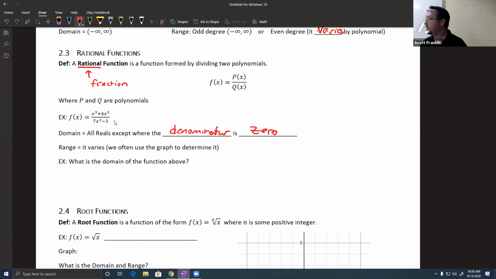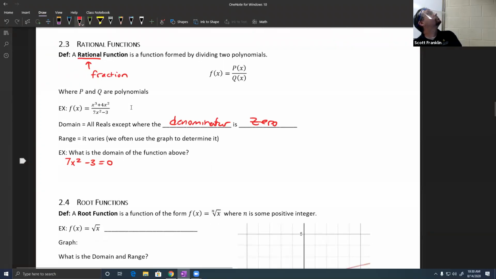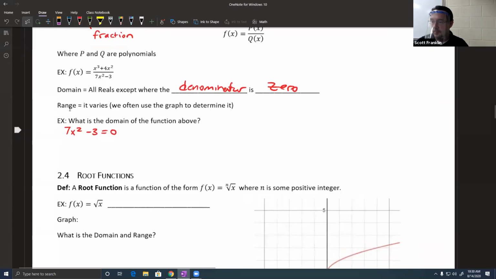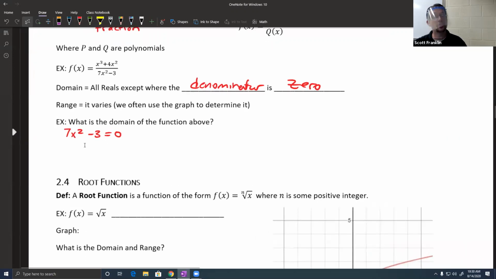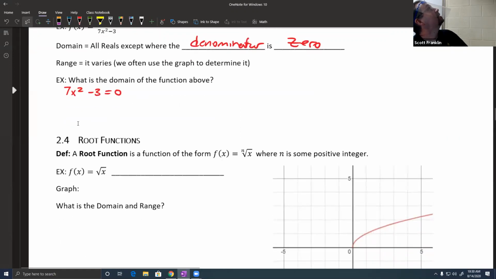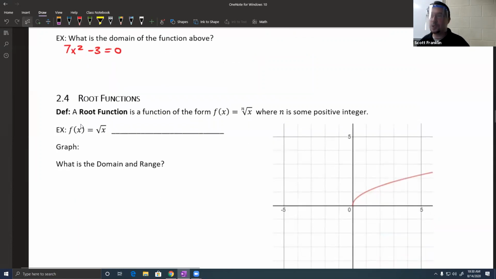So what is the domain of this function? The way that I would figure that out is to find what makes the denominator 0. First, figure out what x would make the denominator 0 by setting 7x squared minus 3 equal to 0, and then solve that. Whatever tools you have for solving, you can add 3 to both sides. You get 7x squared equals 3.